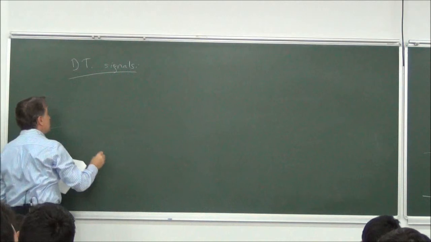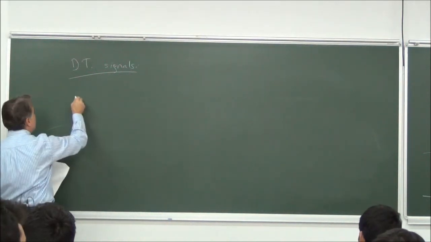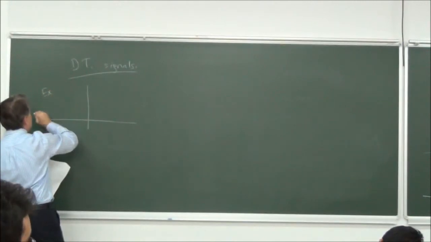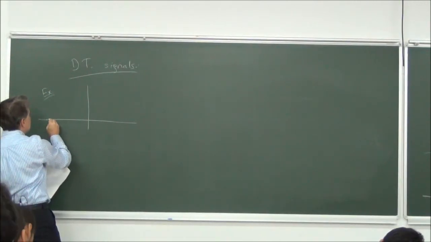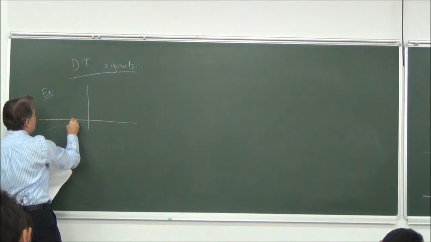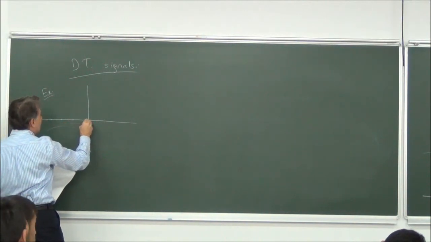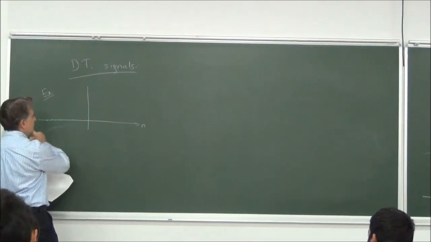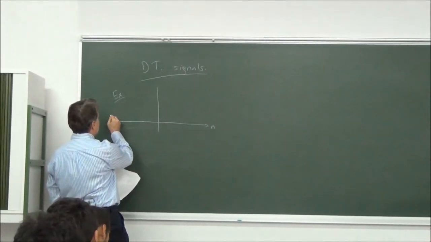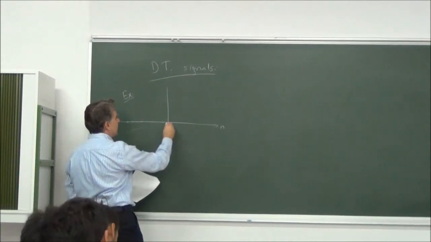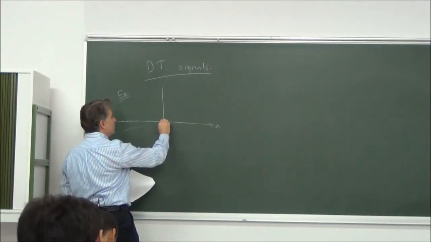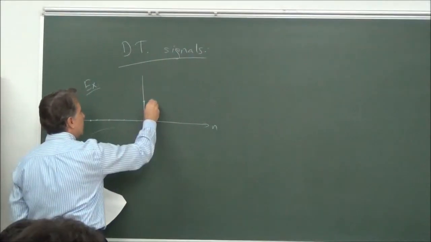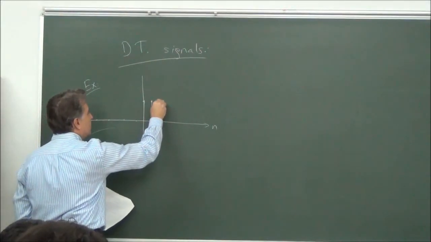I have previously mentioned how to draw these discrete time signals, but let me start with a particular example. This signal that we have is all zeros before this n index is less than 0. So it's coming from infinity. And then at n equal to 0, it becomes 1. And then it continues to be 1.